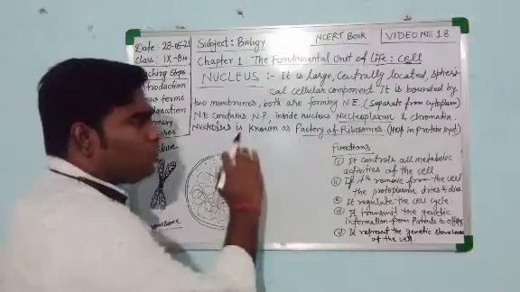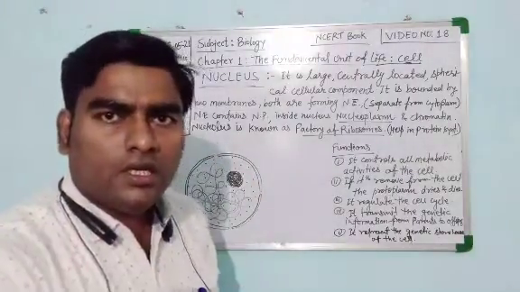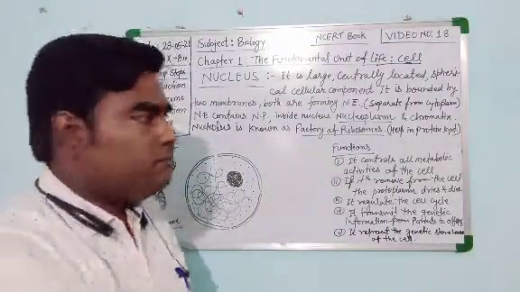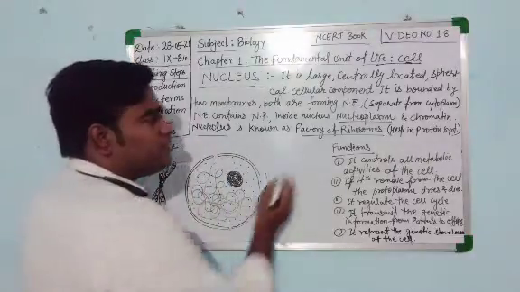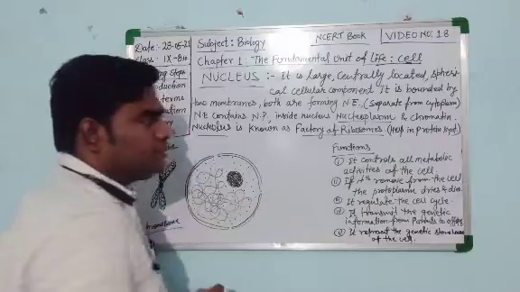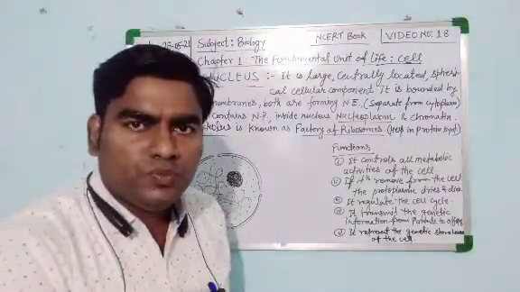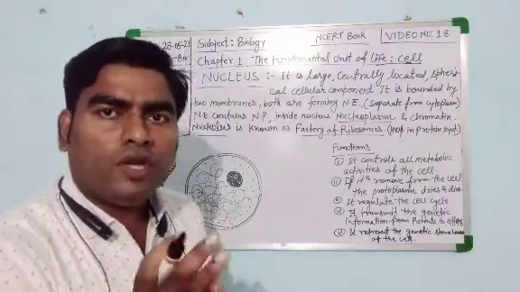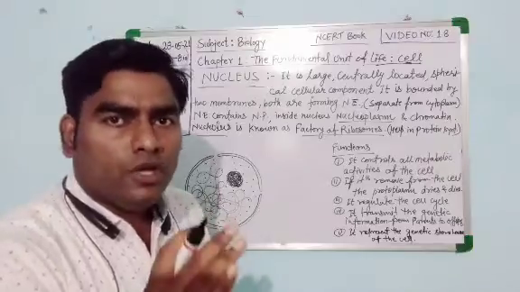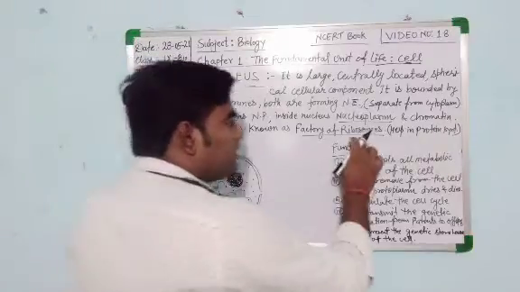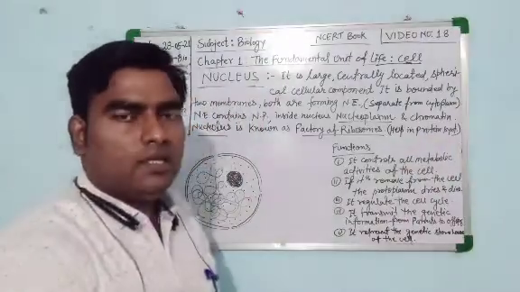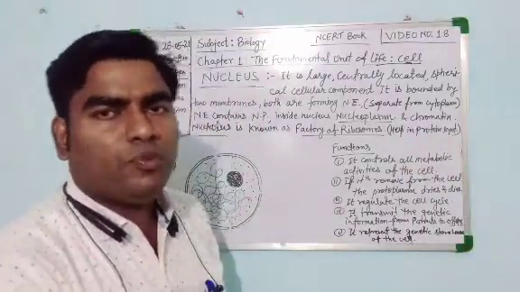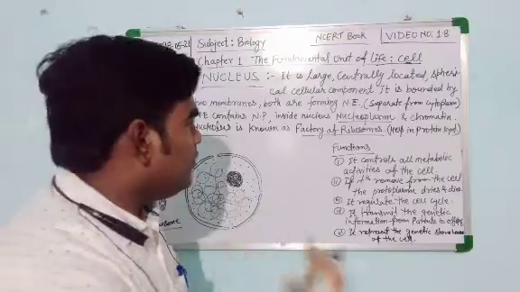Nucleolus is also located inside the nuclear membrane, means in the nucleoplasm. Nucleolus is known as the factory of ribosomes, means ribosomes originate from the nucleolus, from the nucleus, and these ribosomes help in protein synthesis. They help to form the protein for the cell and body.